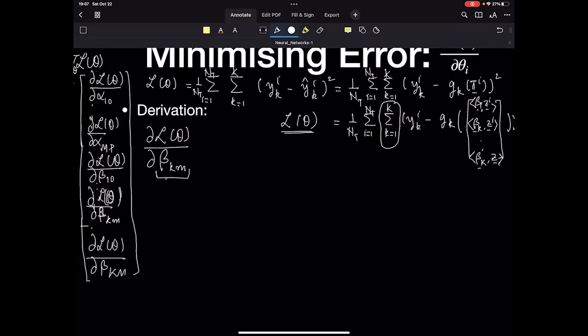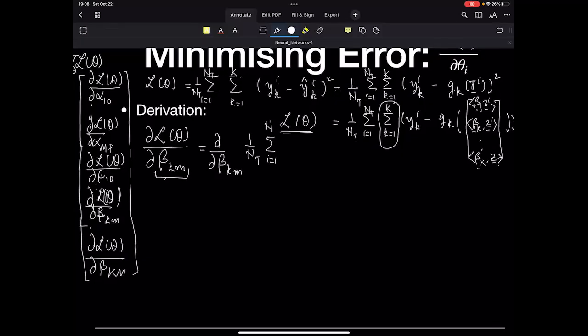So this means that I only need to worry about one particular output node. So here, I really don't care about all of the other nodes. I can conveniently ignore the other nodes. I only care about this little k in my expression.